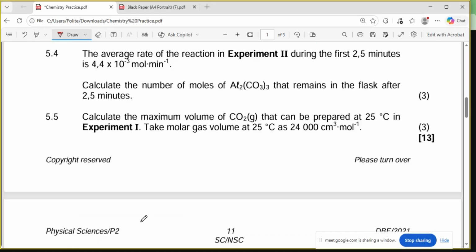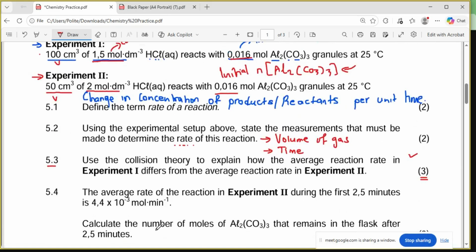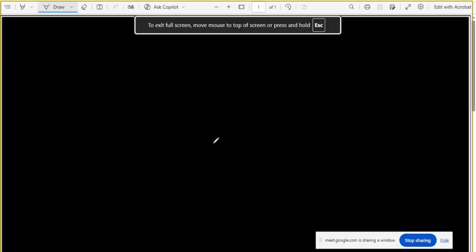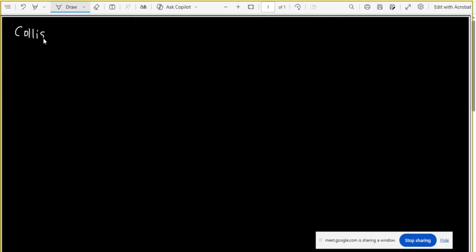Then number 2, let me write this down. What I'm saying is that I need you to tell us about the orientation. So this is how the collision theory works. Number 1, you're going to tell us about the orientation.